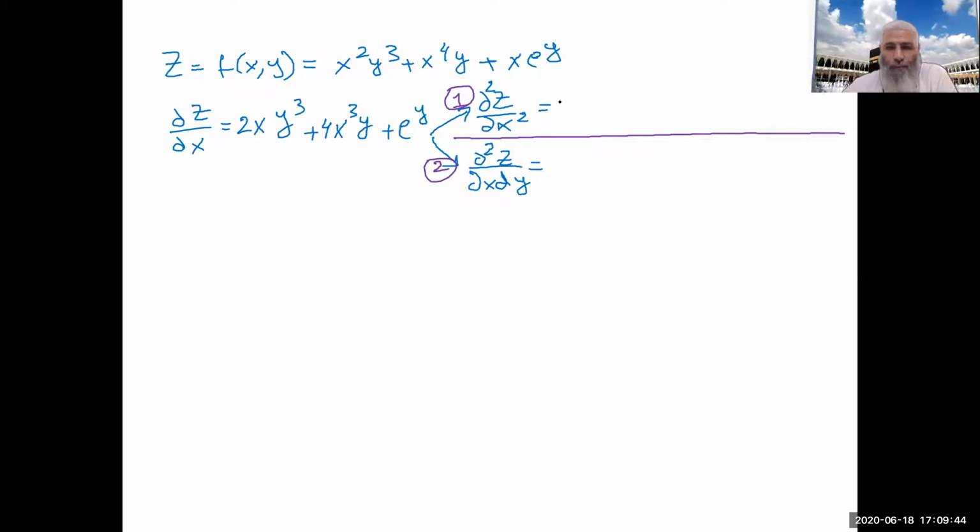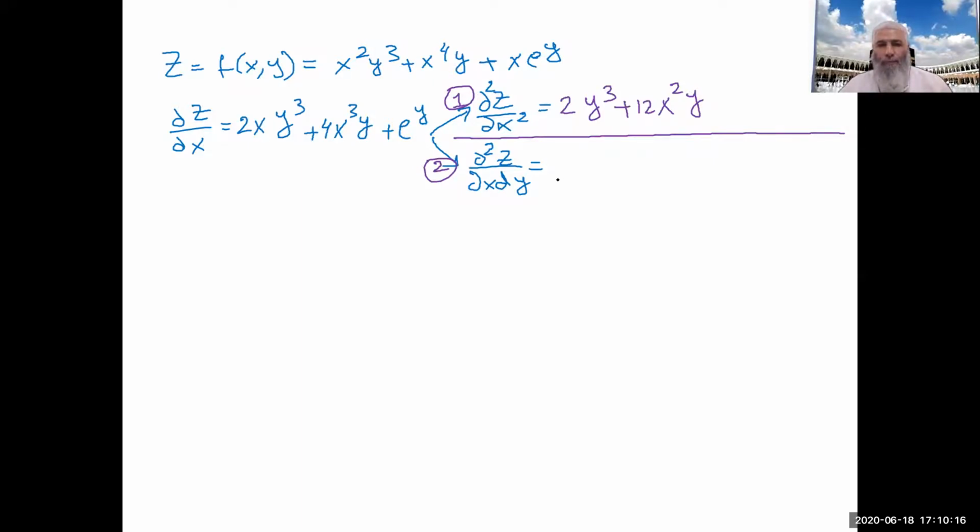So it would be 2y cubed plus 12x squared y plus e^y. e^y is constant now, so this is 0. The derivative of a constant is 0 because with respect to x, there is no x here.